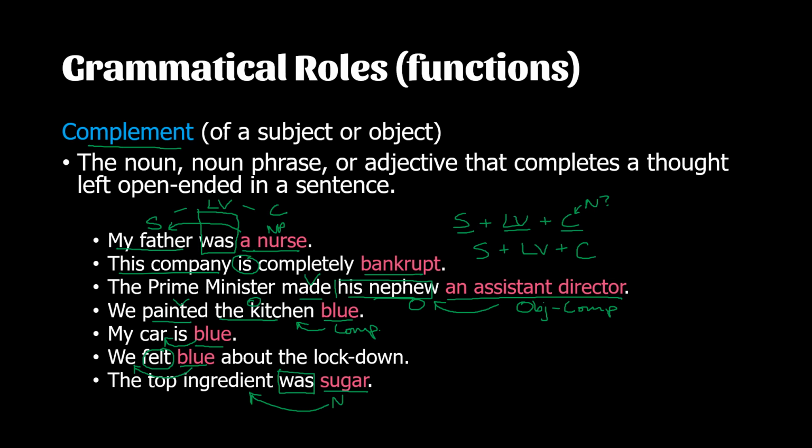I would have to change a to the because I'd be talking specifically, but it kind of does work. I wouldn't say blue is my car because blue doesn't fit the noun requirement to do that flipping back and forth. But switching your subjects and your complements on either side of a linking verb is one way to test to see if this noun is indeed a complement of the subject.